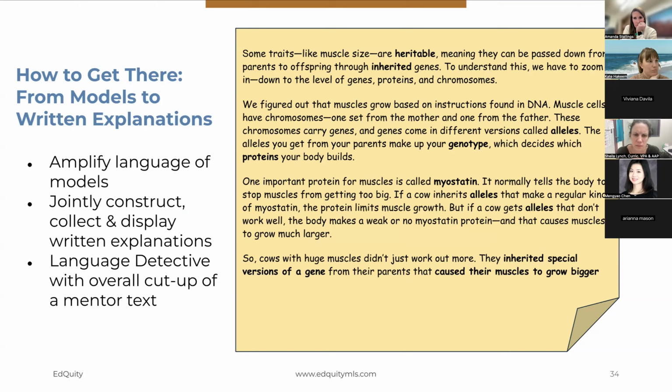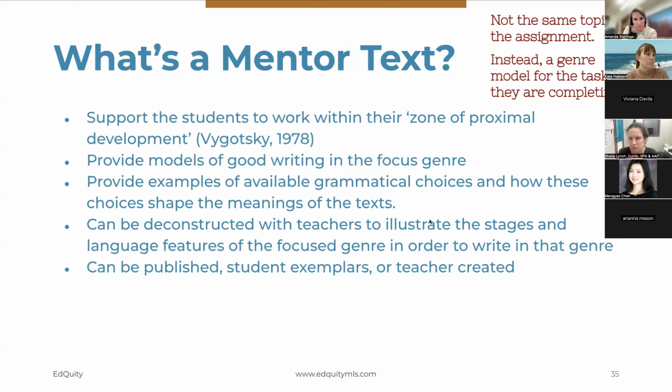So how might I do this with our students? Well, again, amplify the language of the modeling, have students talk through the model, collect and display some of the kids' sentences from their joint construction, and then also provide mentor texts for students to have access to manipulate the language of a written explanation, making the language visible.